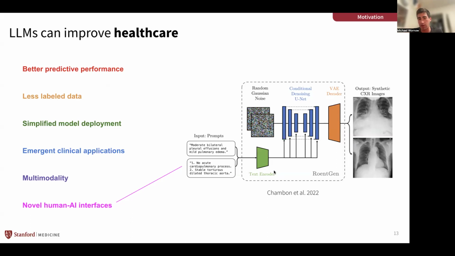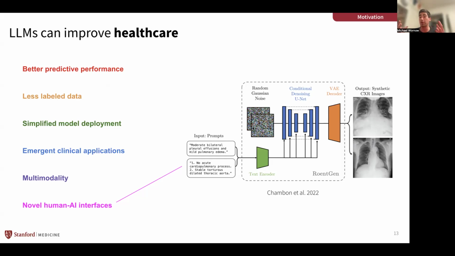Here's an example where I think they were generating synthetic chest X-ray images, where they told the model in English, hey, I want an image that has these properties, and the model would generate those images. Then you could go back and forth and iterate until you had an image that you liked. There's a whole universe of really cool human-AI interfaces that I don't think we fully thought through, but they are a very exciting opportunity for future research.